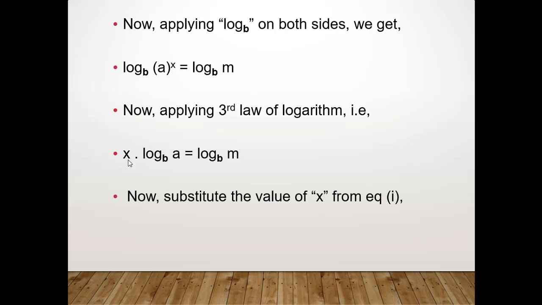So we are just going to substitute the value of x from equation number 1 in this equation, and the value was log to base a of m. We just substitute the value in the place of x and all the values remain as they are, and that's our actual statement which we were asked to prove. So that is the proof.